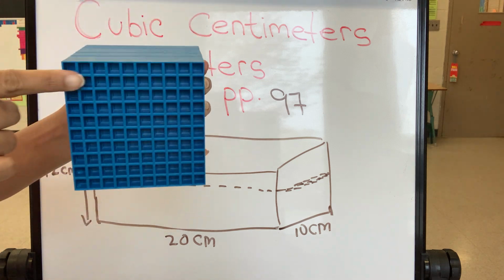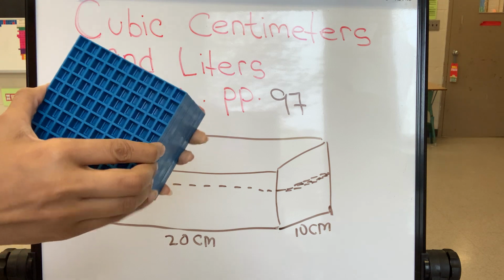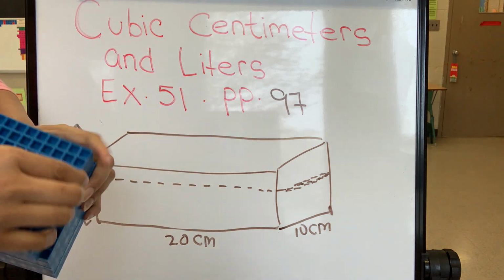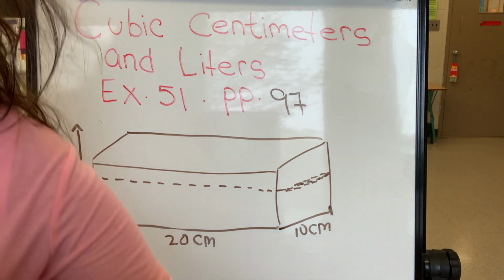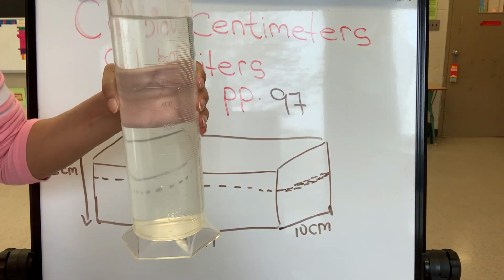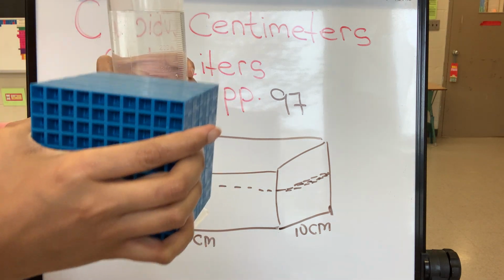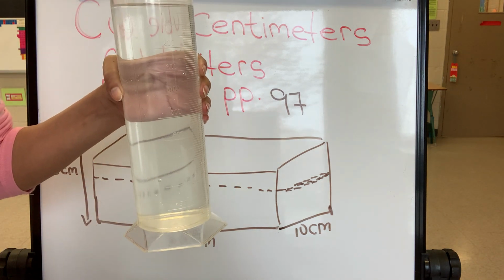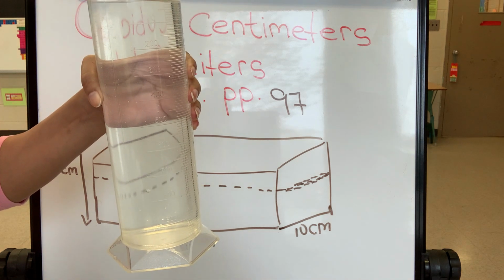These are 100 cubes right here. So if this is 100, and I just told you we have 1,000 milliliters in this, right? If 1 cube could hold 1 milliliter of water, and if there are 1,000 in here, there's 1,000 milliliters in here.